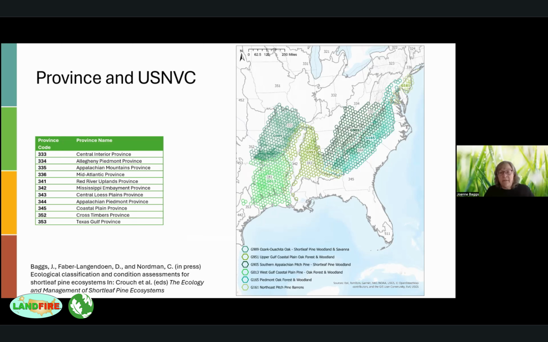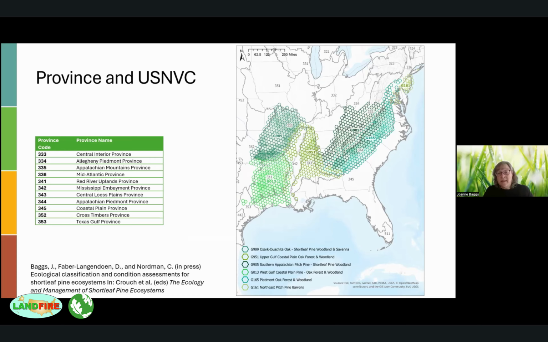We can look at it from the very site, associations and alliances, up through groups, up through macrogroups, and up through the hierarchy as well. We can look at these two systems and see where their overlap is to better understand management across the landscape. It just so happens that the group level of the NVC for shortleaf pine ecosystems matches really well with our province level, and we can then talk about trends in management at that broader scale.